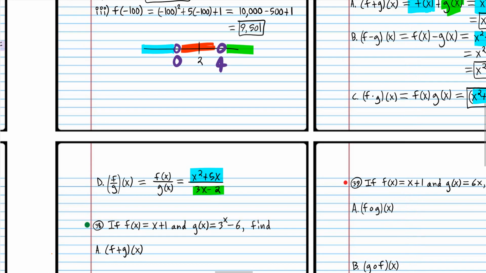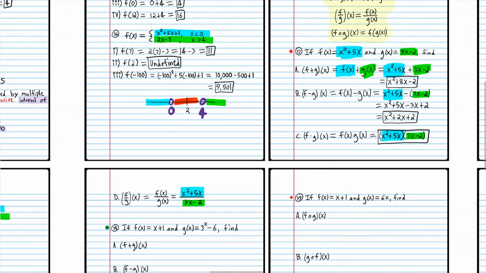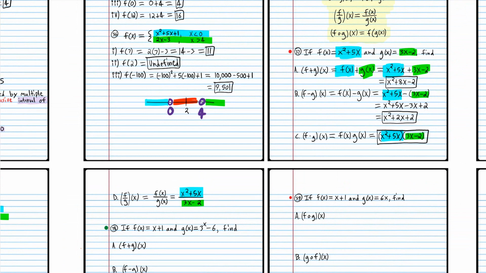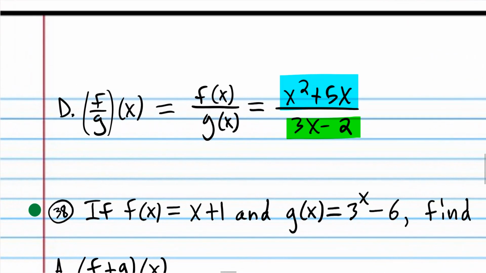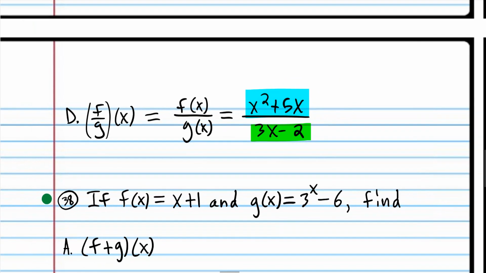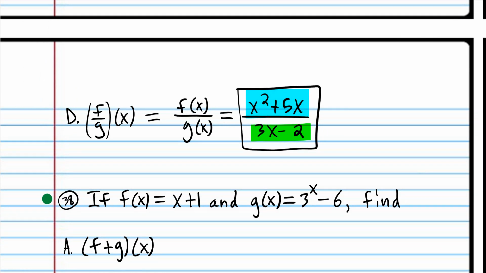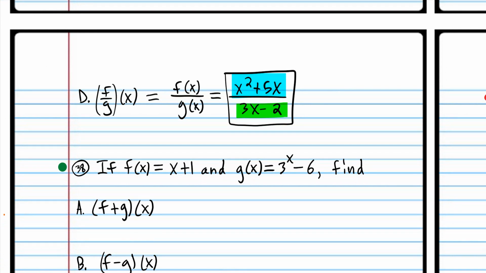Now we could simplify that a little bit because it is an improper fraction. How do we know it's improper? Well, because the degree in the top is bigger than the degree in the bottom. But I'm not going to make you change that to a proper fraction at this point. That's not really why we're doing this. We're just learning the notation.